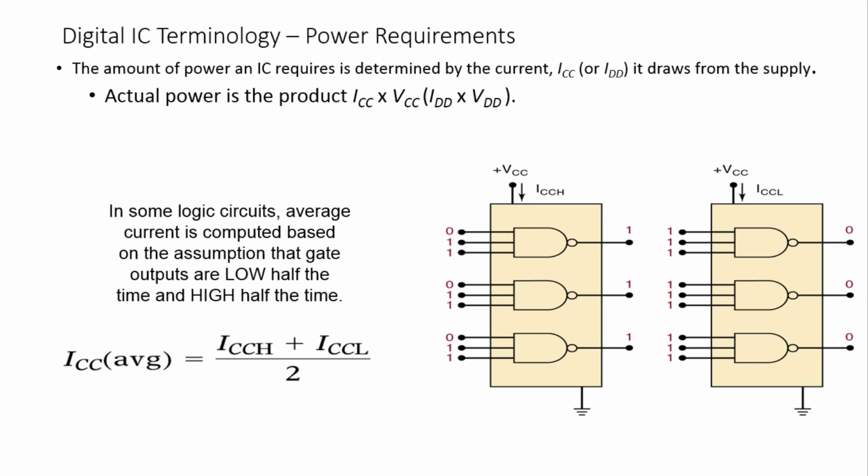Similarly, on the next side you can see the same configuration is used, only the values of inputs are changed and the output values are different. But here the current which is entering the circuit is ICCL, whereas in the first it was ICCH. So this is the difference between the two diagrams, which comes under the power requirement.